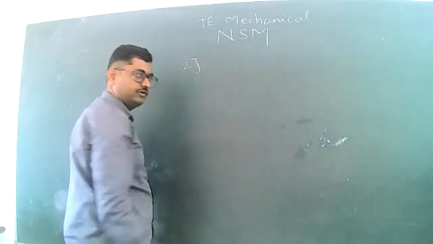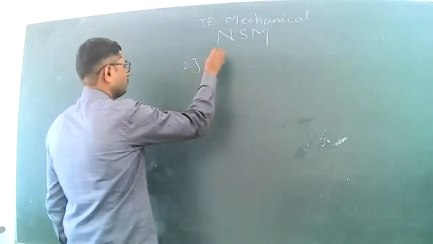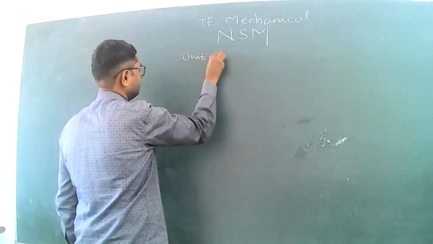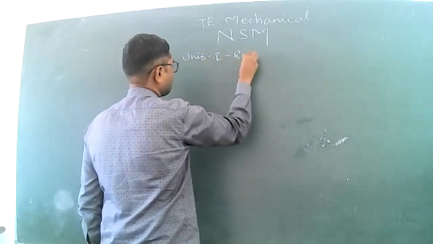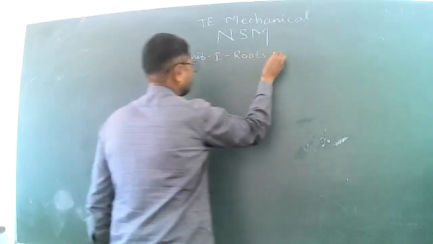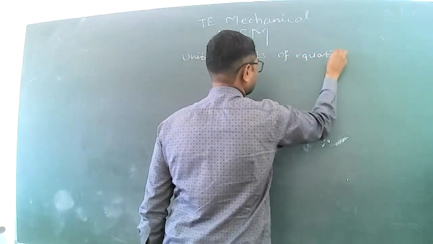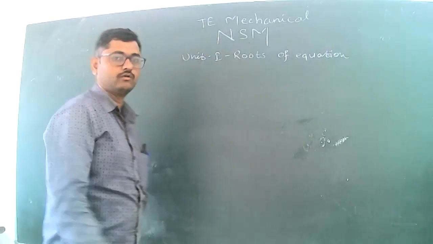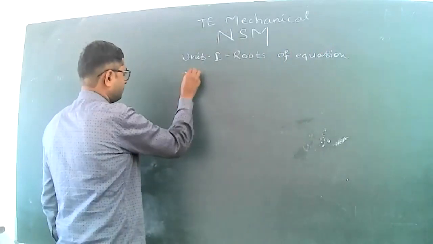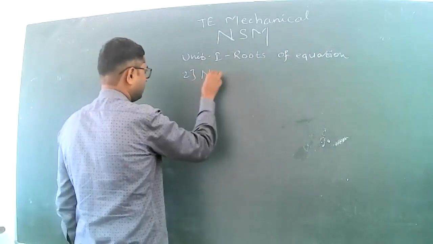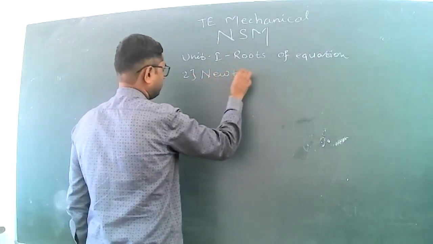So the second method in this unit, unit number 1, roots of equation, is the Newton-Raphson method.